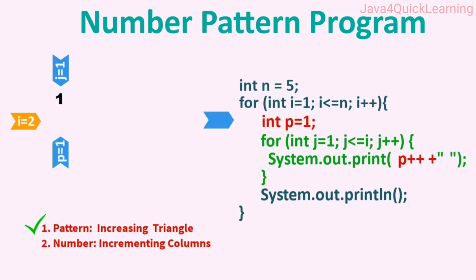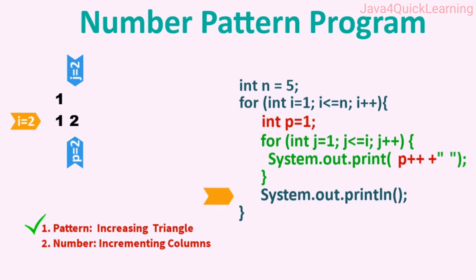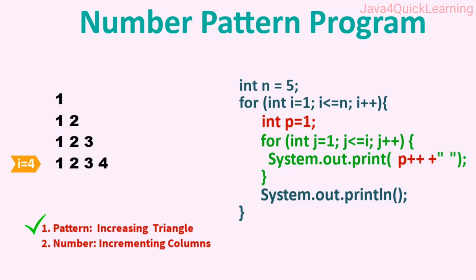It will again initialize p to 1 first and then enter the inner loop. It will first print p, which is 1, p is incremented, and then in the second pass of the inner loop, it prints 2. It then comes out and executes println. Similarly, in row 3 it prints 1, 2, 3, and in row 4 it prints 1, 2, 3, 4, and in row 5 it prints 1, 2, 3, 4, 5.